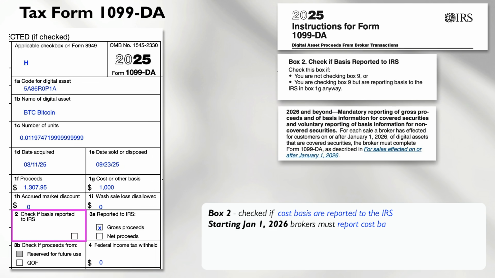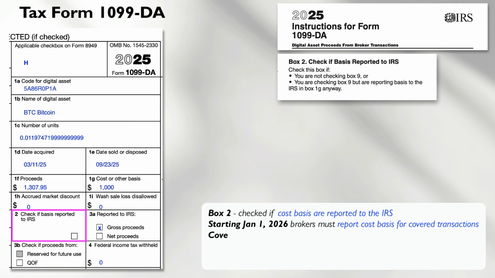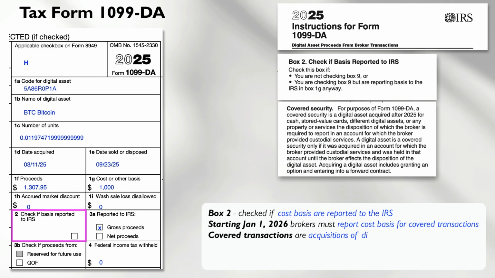Starting in 2026, brokers are required to report cost basis for covered digital asset transactions. What are they? Covered transactions involve acquisitions of digital assets on or after January 1st, 2026, which means that non-covered transactions are those that occurred before that date.